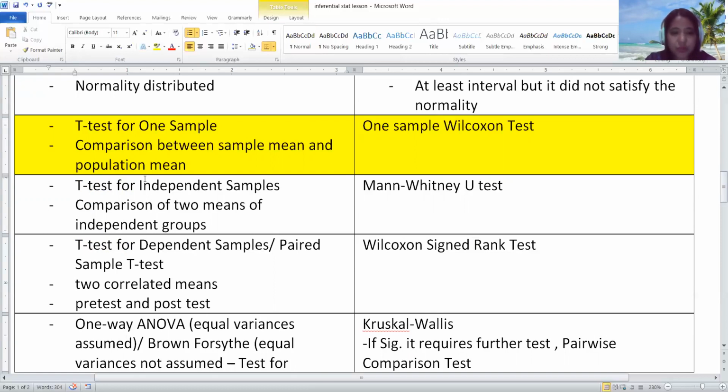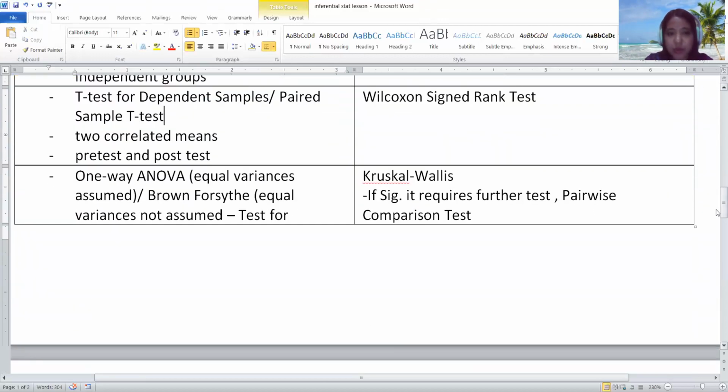So t-test for independent samples is only limited to two groups because it's comparison of two means. While if you have now more than two independent groups, you're going to use one-way Anova. So equal variances assumed is another condition that you need to consider.